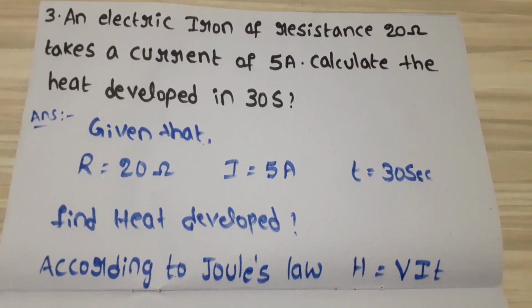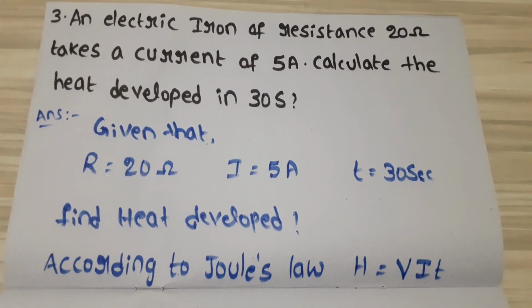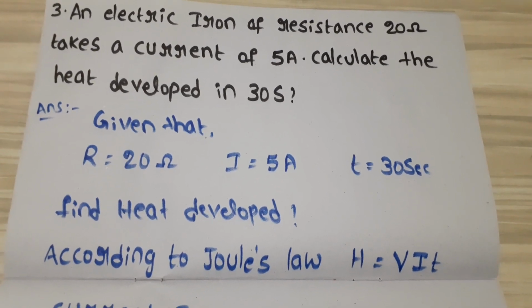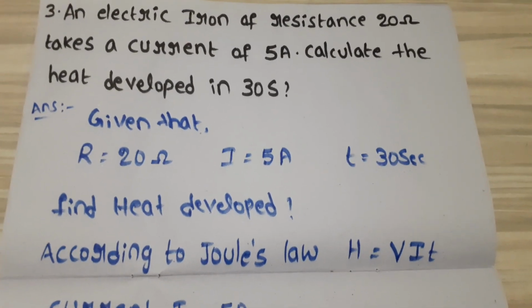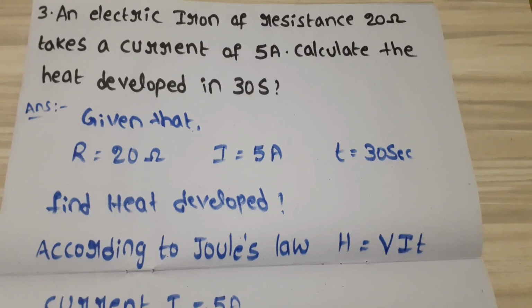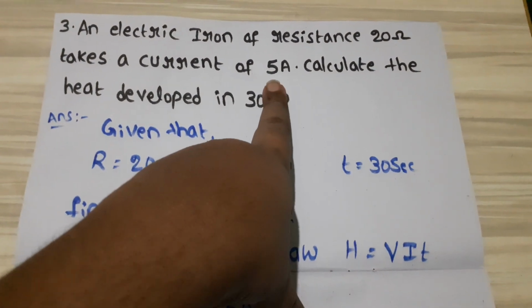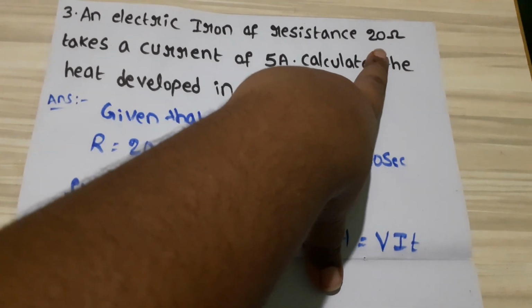Next question. An electrical iron of resistance 20 ohms takes a current of 5 ampere. Calculate the heat developed in 30 seconds. Given: time T equal to 30 seconds, current I equal to 5 ampere, resistance 20 ohm.